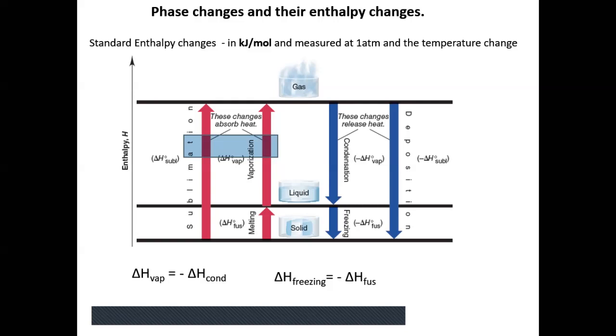Likewise, delta H of freezing is the negative of delta H of fusion. In a book or on a question, you're only going to be given the vaporization and the fusion delta H's, not the other. So you've got to know to take the negative to get delta H of condensation and delta H of freezing.